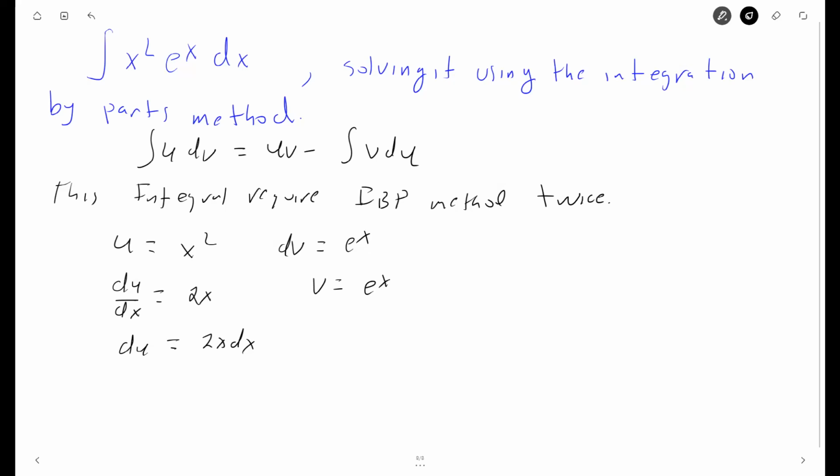Okay, so let's turn the first integral as follows. The integral of x squared e to the x dx is equal to uv, where u is x squared and v is e to the x, minus the integral of e to the x times du, which is 2x dx.